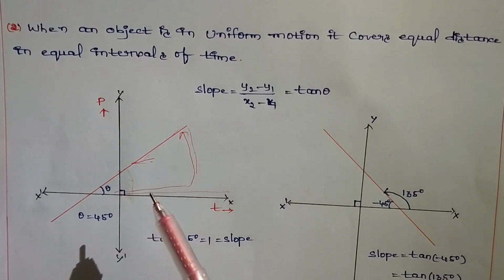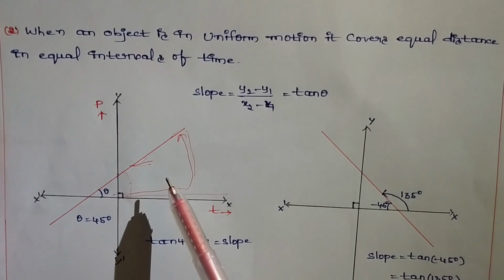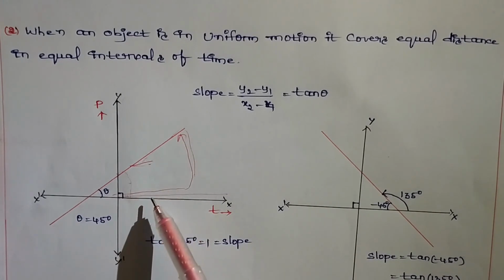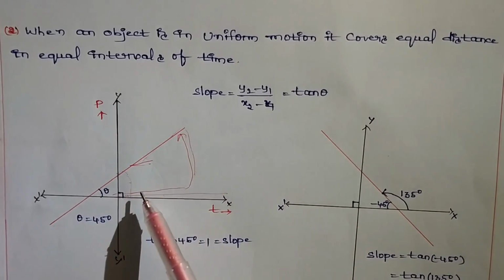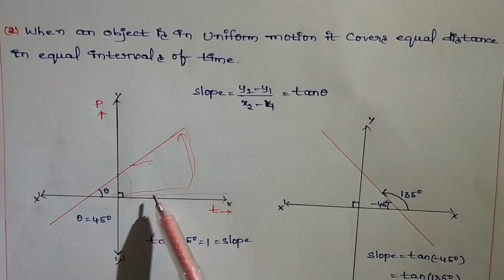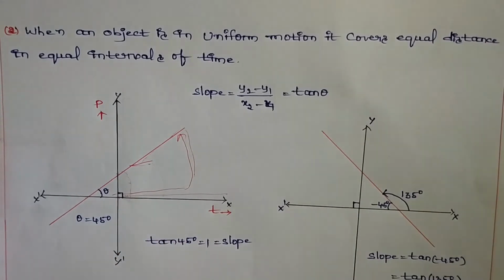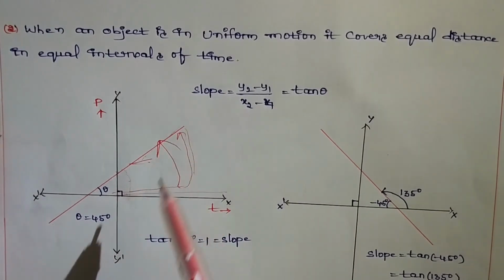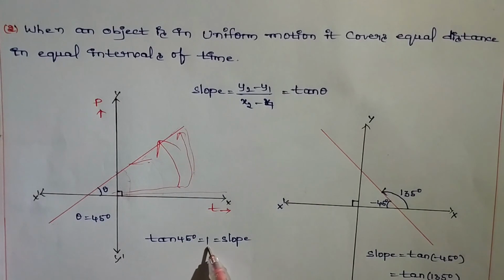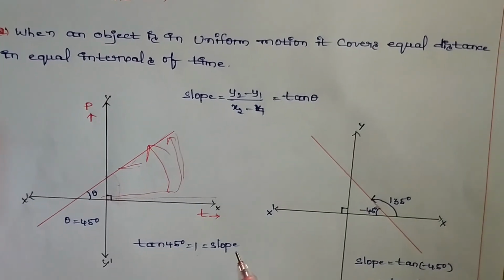If the slope of a line is positive, it makes an acute angle in the anti-clockwise direction with the x-axis. This is a convention. If theta is 45 degrees, measured in anti-clockwise direction, tan theta is equal to 1, which is nothing but the slope.